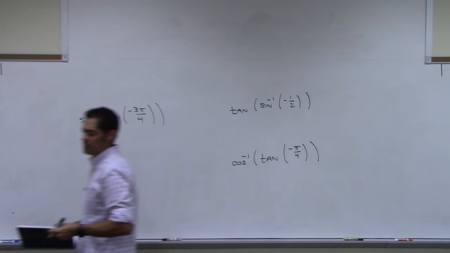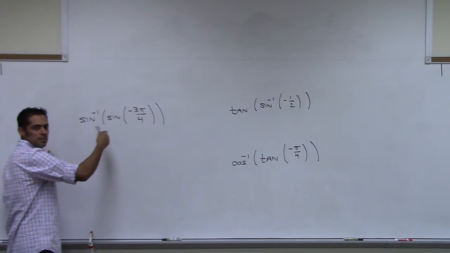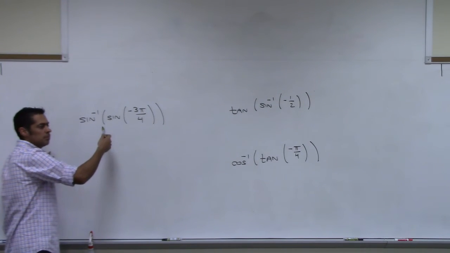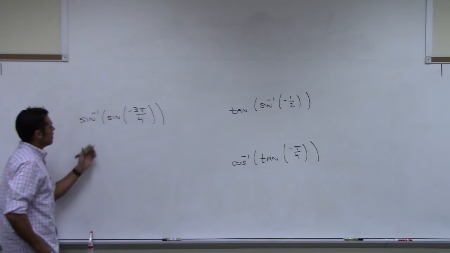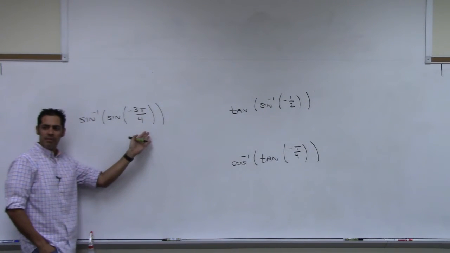Take a look at the difference between all those problems. How do I do this one? The arc sine of the sine of negative 3 pi over 4. Can I just cancel these out, like arc sine and sine cancel, and the answer is negative 3 pi over 4?